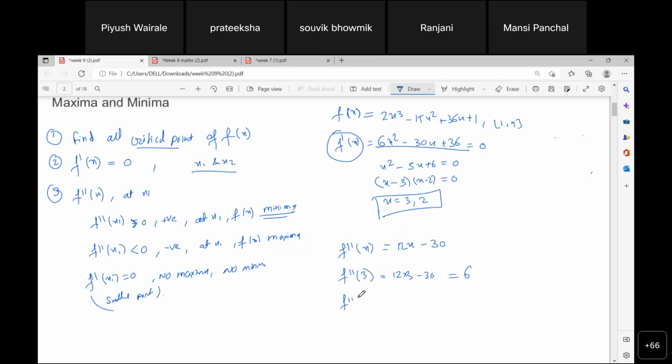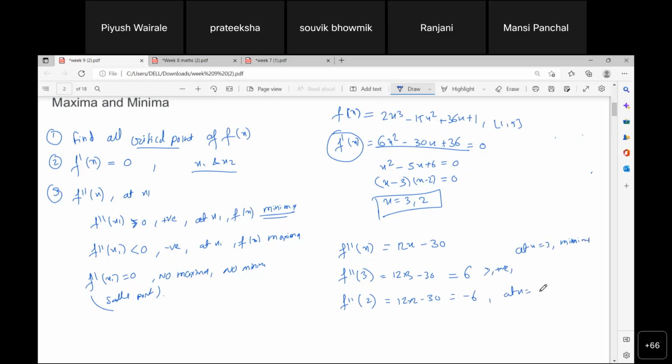And f double dash of 2 equals 12 into 2 minus 30, which equals minus 6. Here I am getting a positive value, so I can say at x equals 3, I will get the minima value. That will be my local minima.